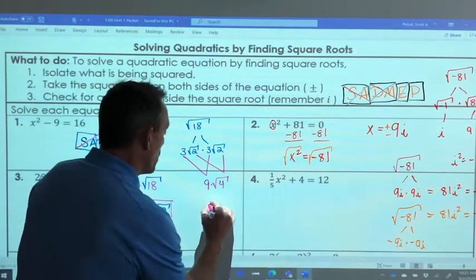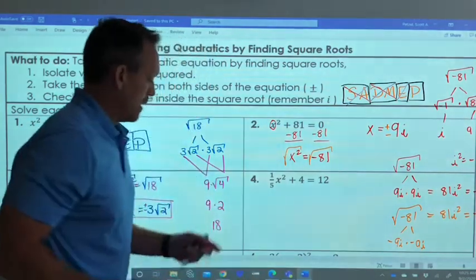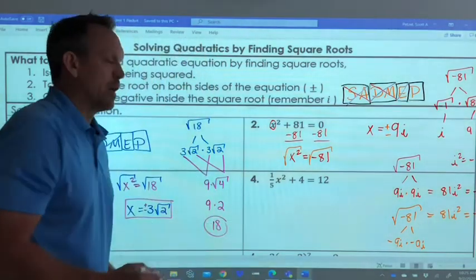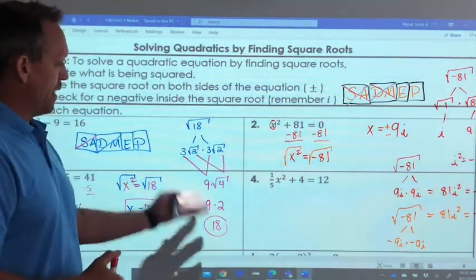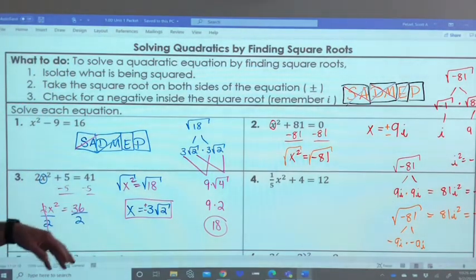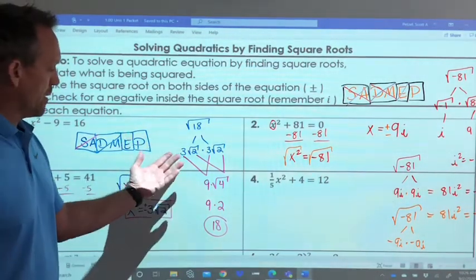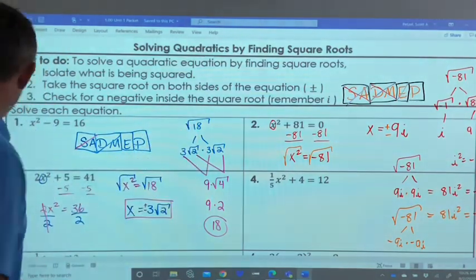What's the square root of 4? 2, so 18. Da-da! For all of us who just plug stuff into a calculator and really don't understand the reasoning behind it, that's why. So please understand, and then the negative is going to be the same thing. Negative 3 times negative 3 is still 9. Still going to be the same thing.